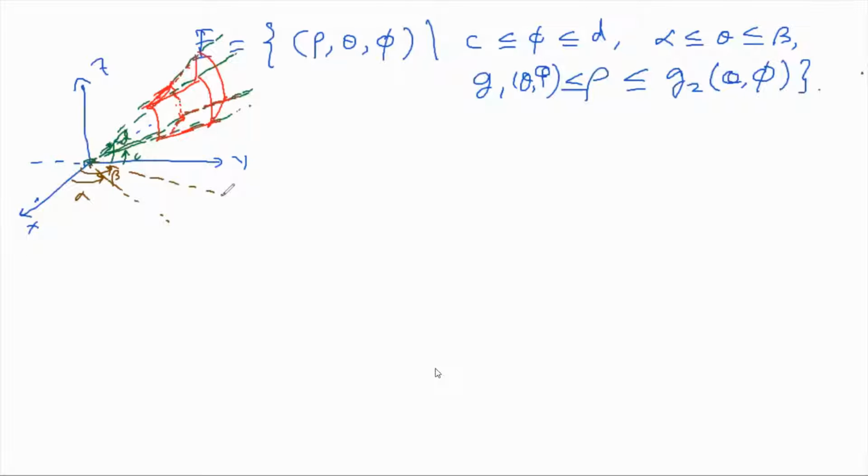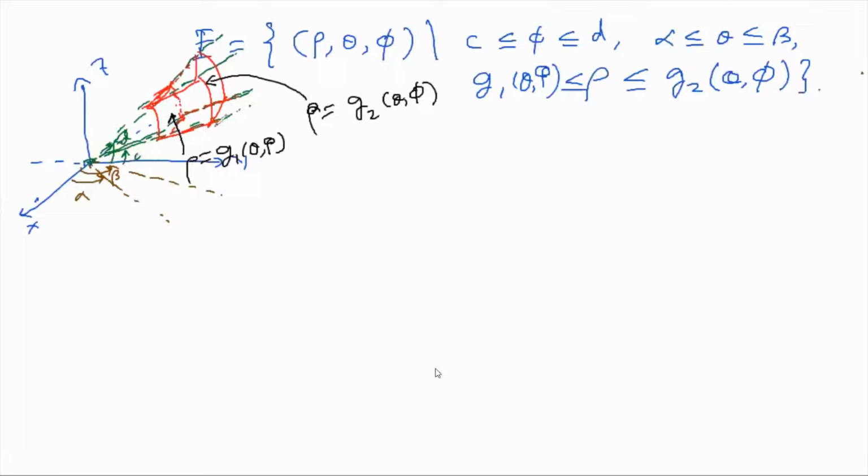Like a slice of a sphere, right? Is the picture clear, everybody? So this is the surface rho equals g1 of theta and phi, and this is another surface rho equals g2 of theta and phi.